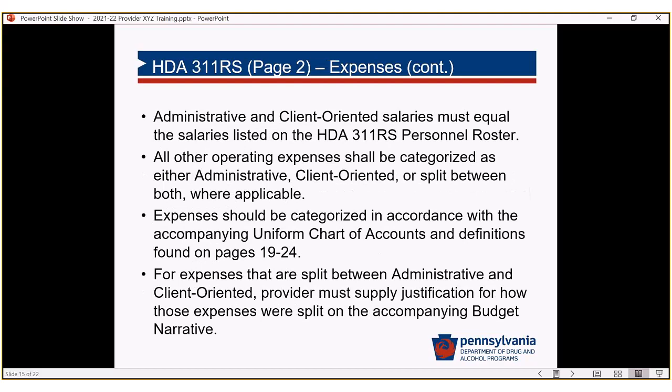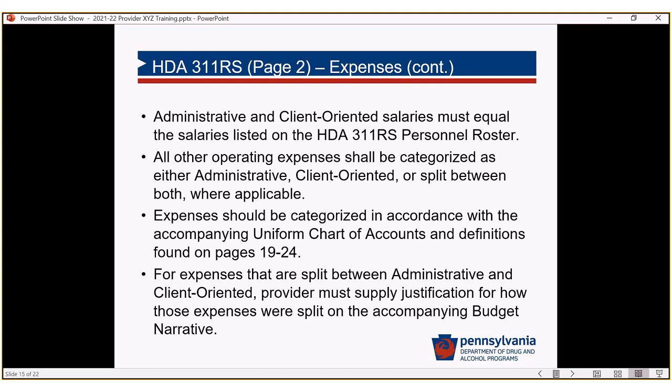Next slide. If you're continuing to look at your expense sheet, you'll see that the administrative and client-oriented salaries are listed on here, and they must equal the information that you have listed on your 311 personnel roster. Again, I mentioned that twice.